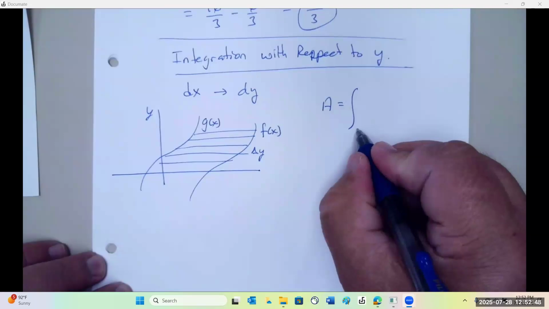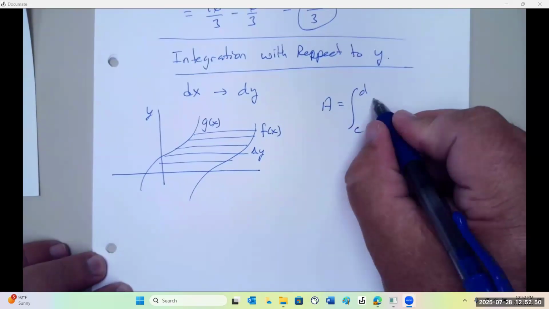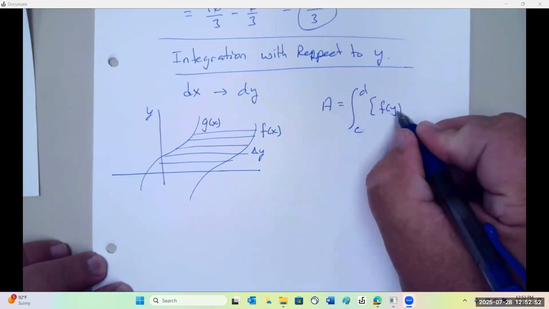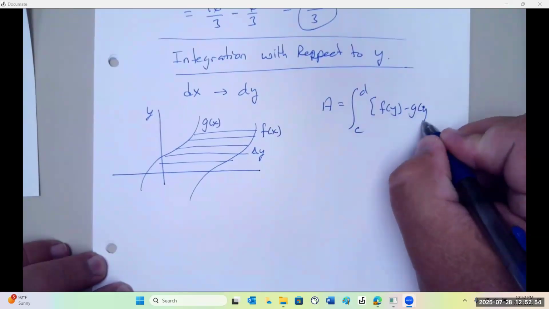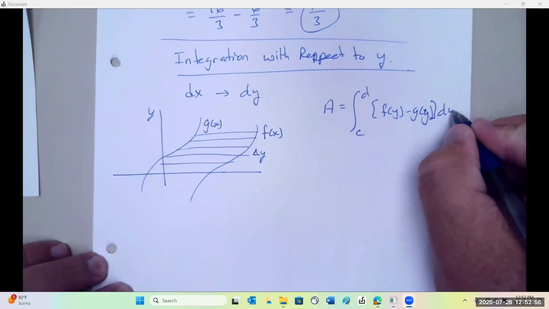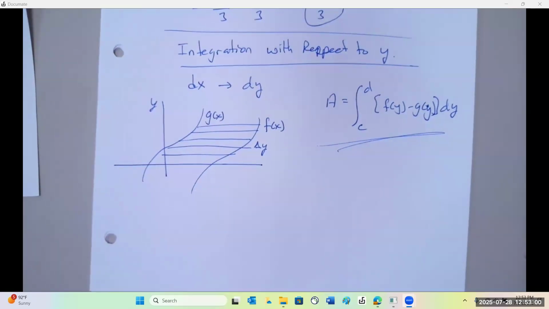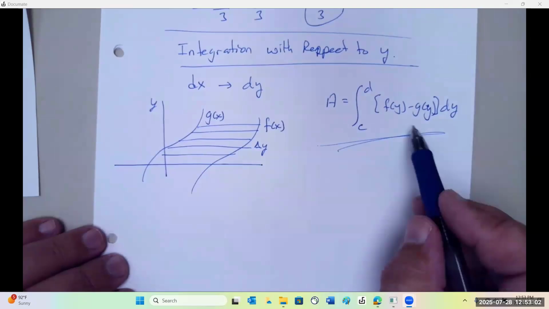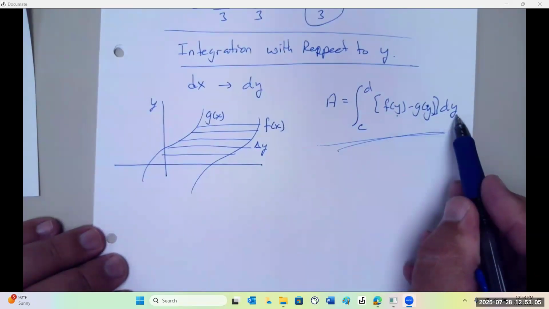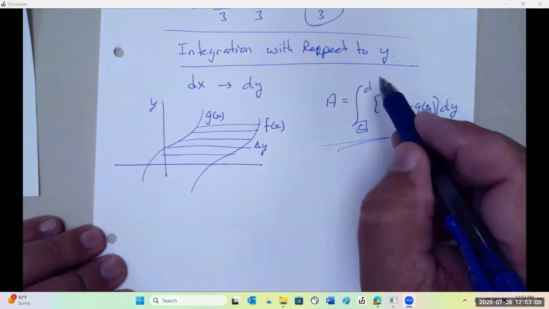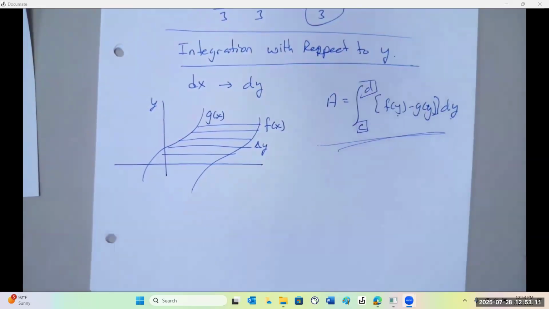Instead of A to B, we're going to go C to D, f of y minus g of y dy. So what does this tell us? It tells us not only do we change the integration with respect to y, but we also change the bounds of integration.